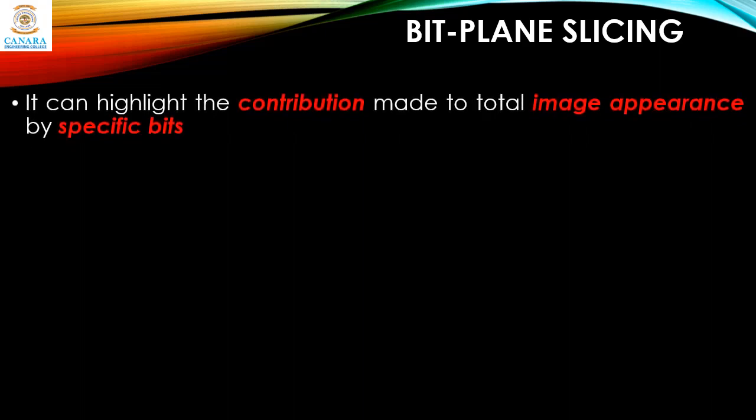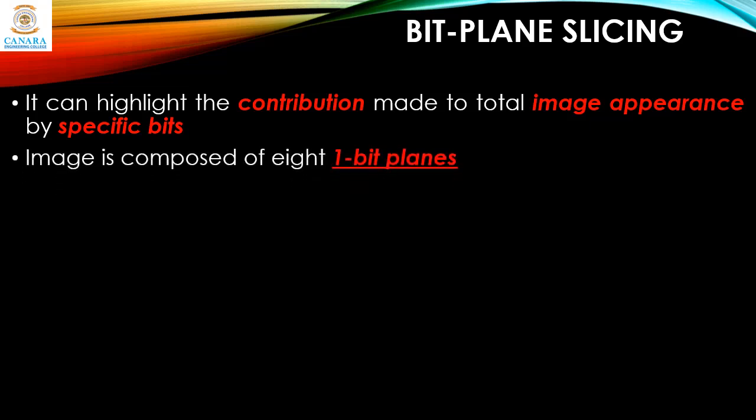The third type of piecewise linear transform that we are going to learn is bit plane slicing. As we know, an image is composed of a group of pixels, and each pixel is represented by bits. Using bit plane slicing, we can highlight the contribution made to the total image appearance by specific bits.